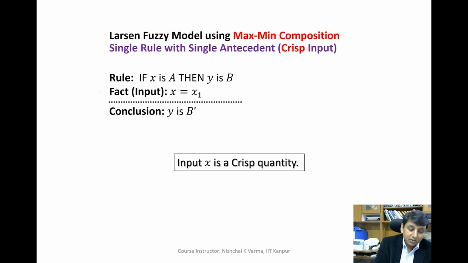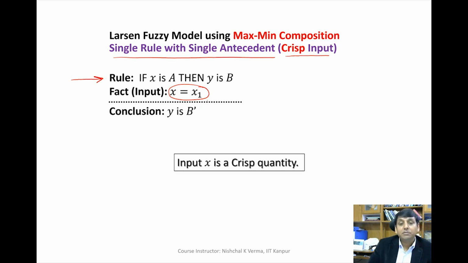This is actually the first case, where we have the single rule, single antecedent, but instead of fuzzy input, we are taking crisp input. If we are taking the crisp input, that means x is equal to x1. Let's see what output we are going to get.